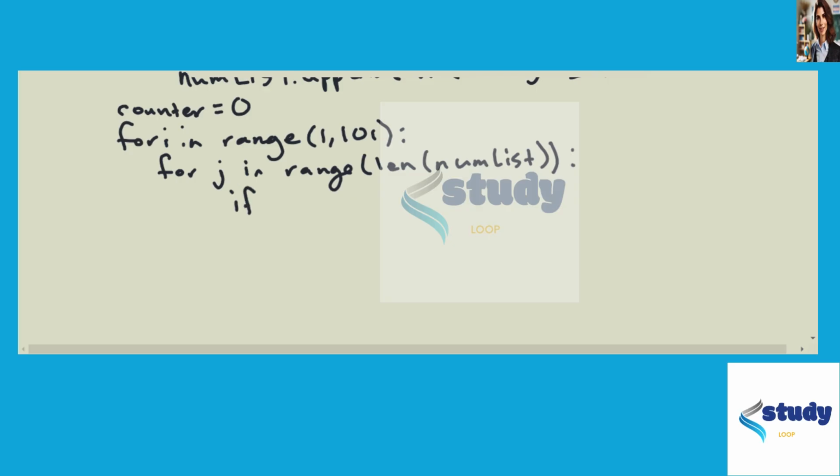So if numList, and then the element we're looking at in that list, is equal to whatever number we're iterating through here, which is i, then we're just going to add 1 to our counter. So counter is equal to counter plus 1.